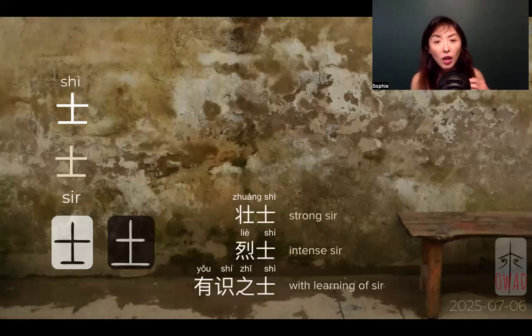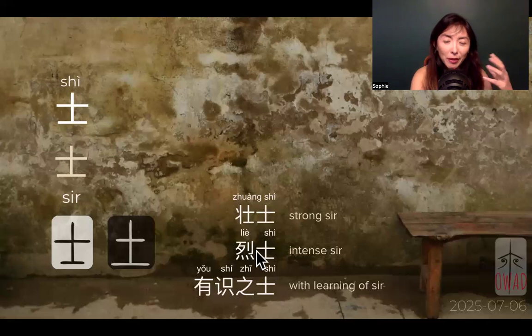So 烈士, 烈 in Chinese, we have these 4 dots at the bottom. That means fire burning. So it's related to temperature, related to even cooking, something about meat over there. So that means there's pretty much violence involved.